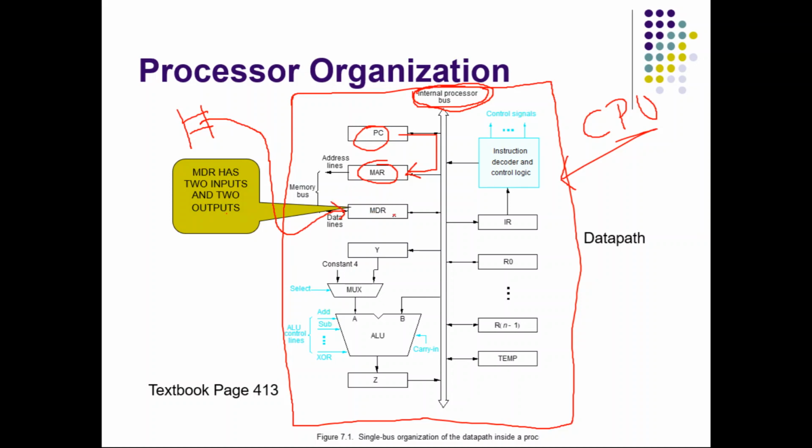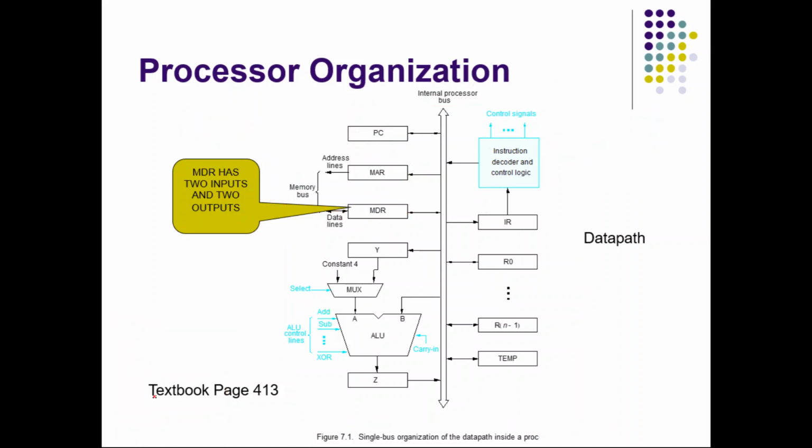Now the instruction is available in MDR. Even though it is a data register, currently the instruction is available in MDR. From here the instruction will be transferred to IR, that is the instruction register. So even from the program counter, the next instruction to be fetched should be fetched only through MAR. That's what I'm trying to say.